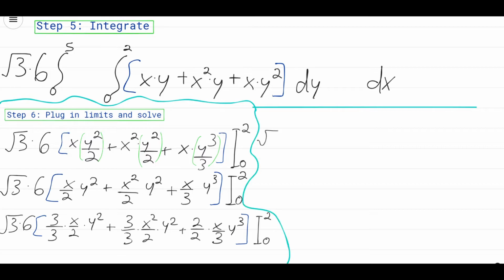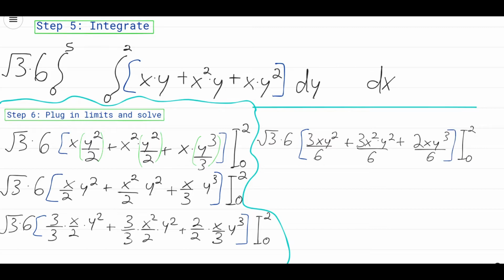So notice now we have the square root of 3, and then we have 6 divided by 3x y squared over 6 plus 3x squared y squared over 6 plus 2x y cubed over 6 bounded between 0 and 2.